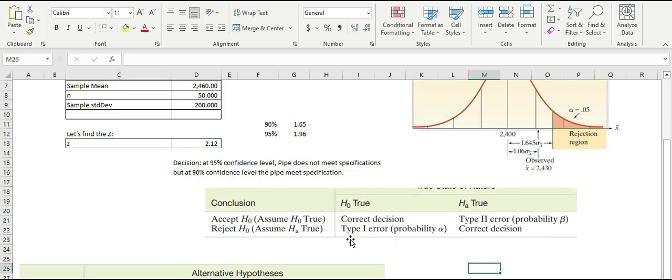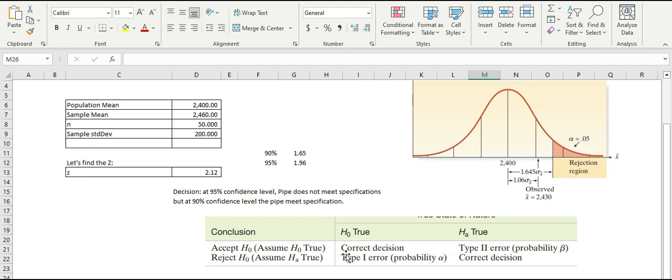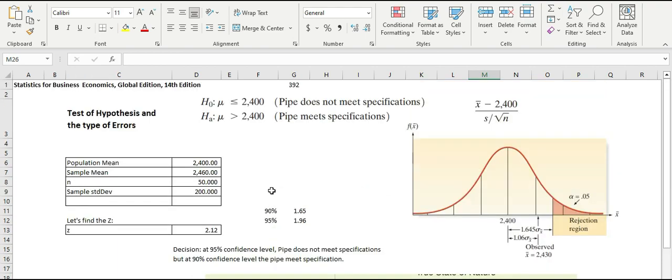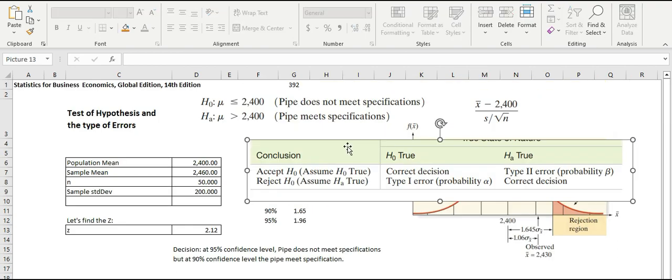But if we accept the null hypothesis and it is false, then we have a type 2 error. And also when the null hypothesis is true.